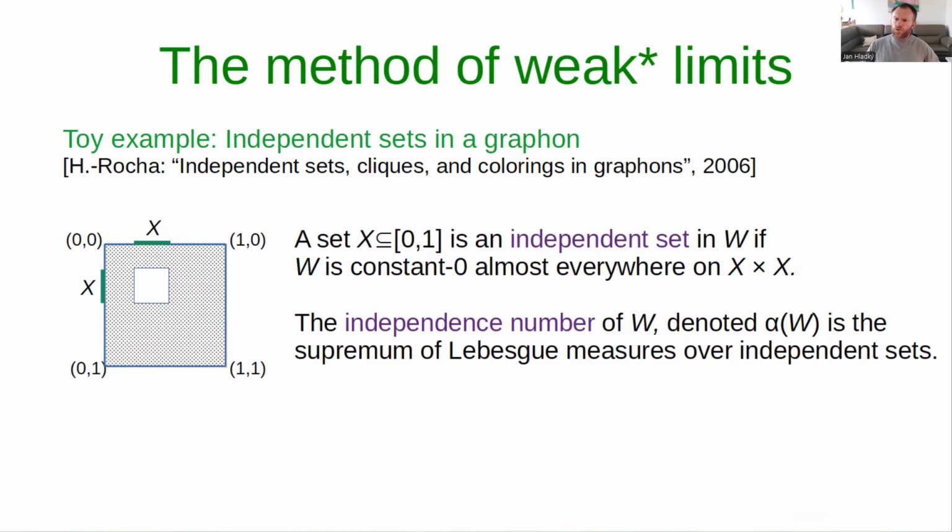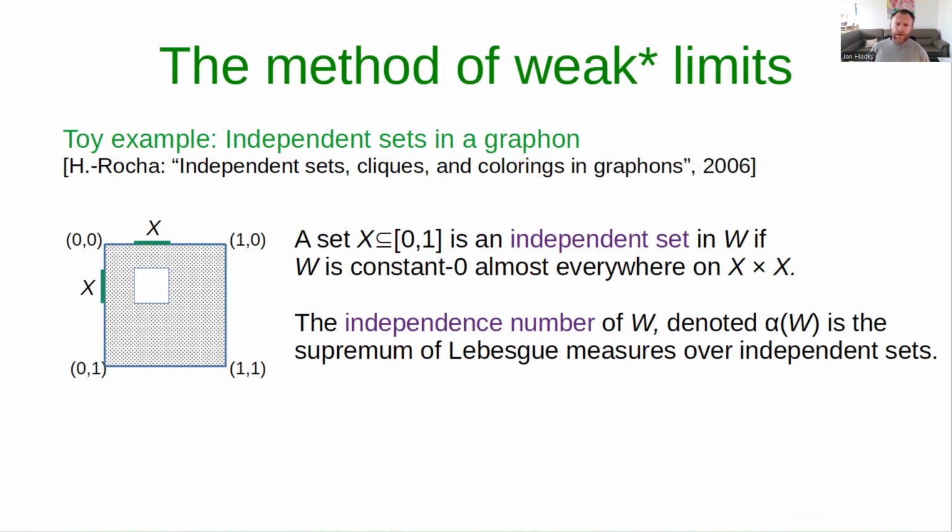Okay, so we want to use properties of weak star limits to relate half-integral vertex covers of cluster graphs to those of a graphon, and I want to be working with independent sets instead of vertex covers.